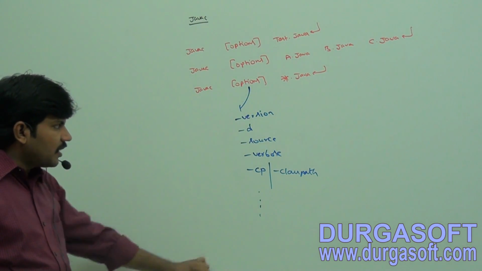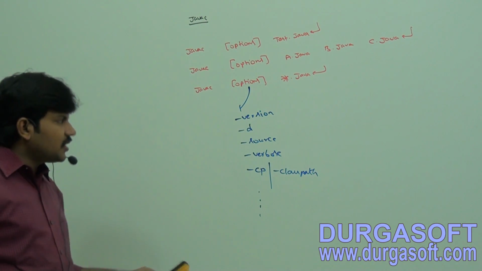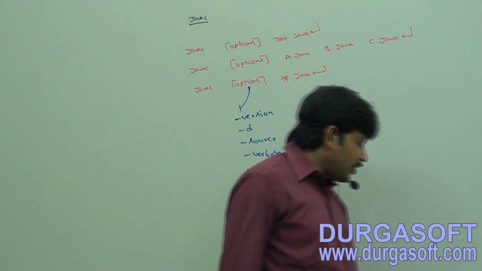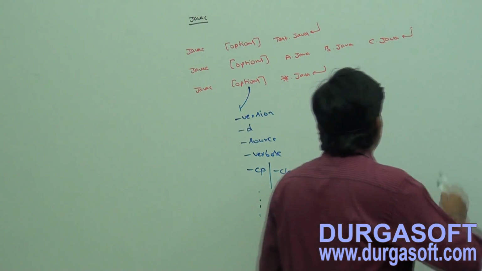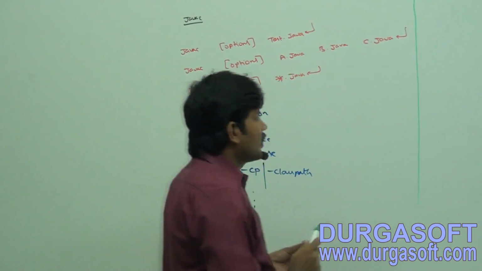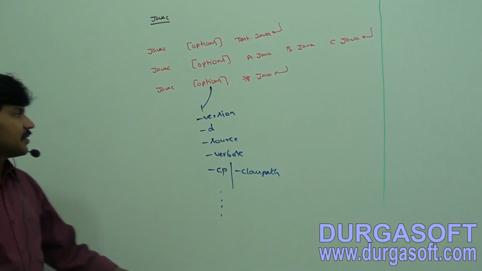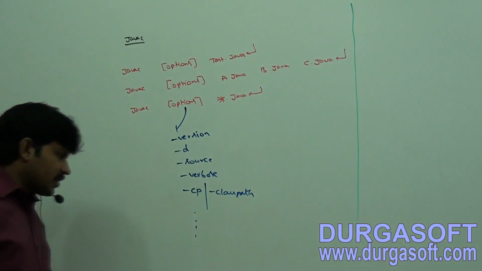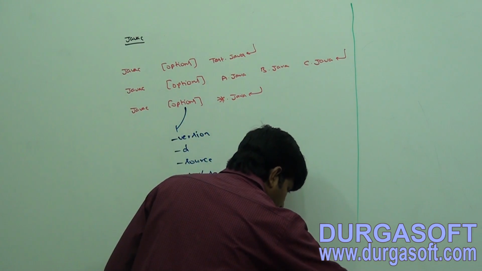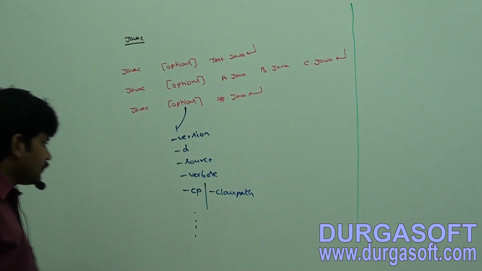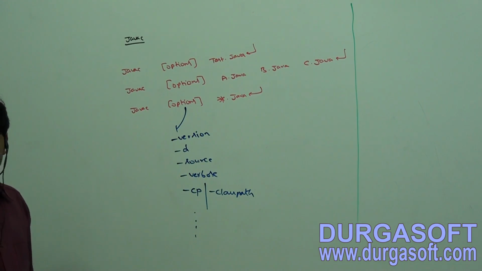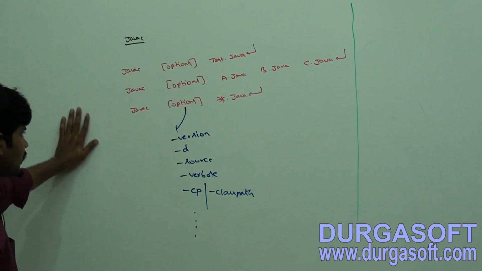Now what options are there? -version, -d, -source, -verbose, -cp or -classpath. There are several options like these.